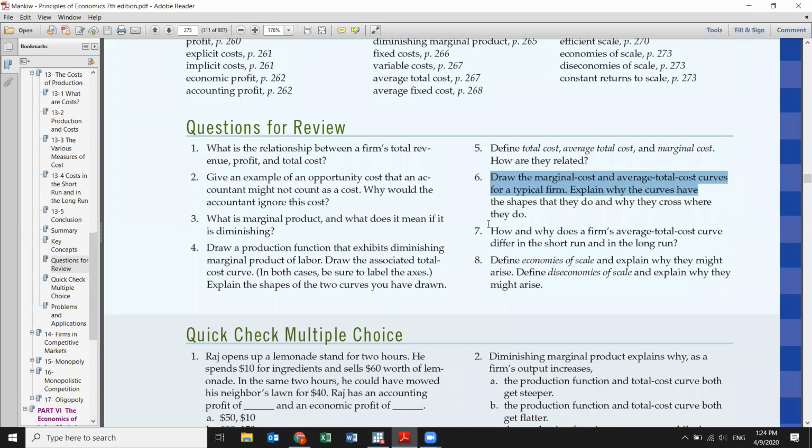Explain the curves. As an example, there was average total cost and marginal cost. We said this.